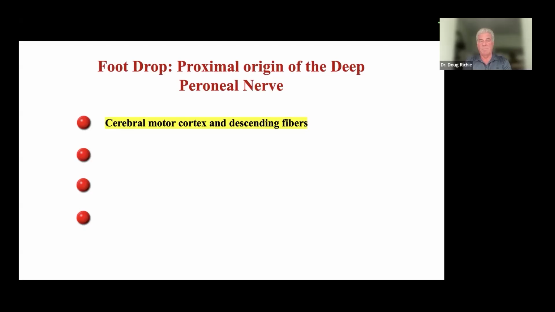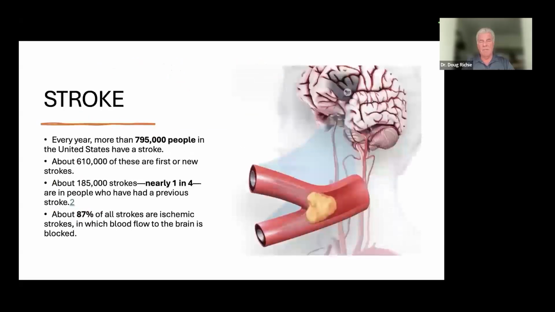So we'll start at the top with the cerebral motor cortex and its descending fibers. We're then going to move into the lumbar spine nerve root, the lumbosacral plexus, and then the ultimate formation of the sciatic nerve. Starting in the brain, a very common cause of foot drop is a stroke.